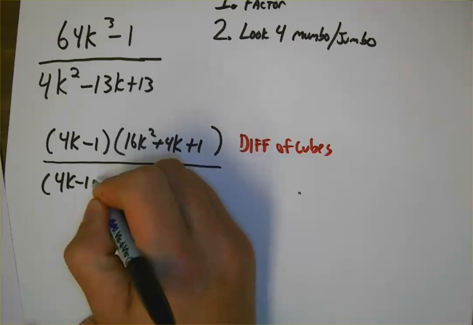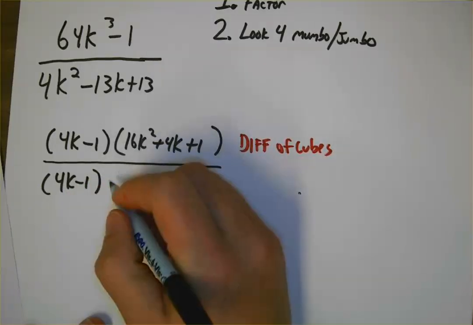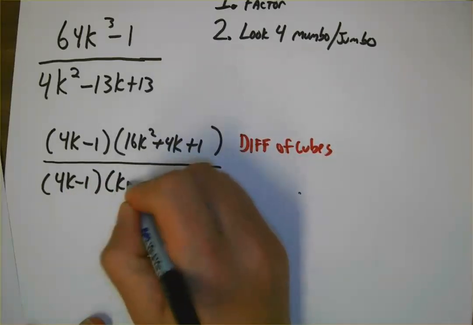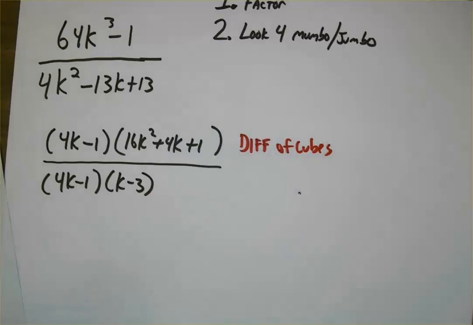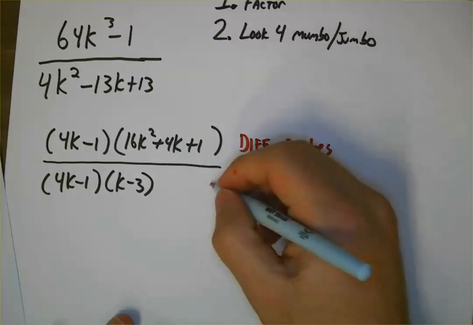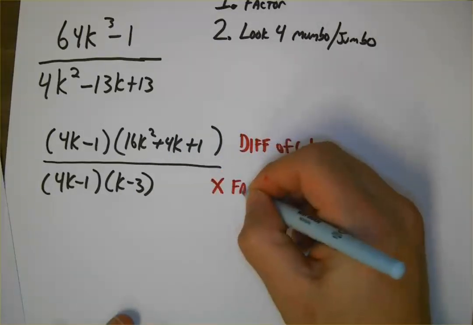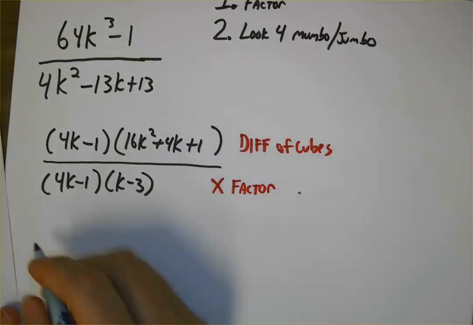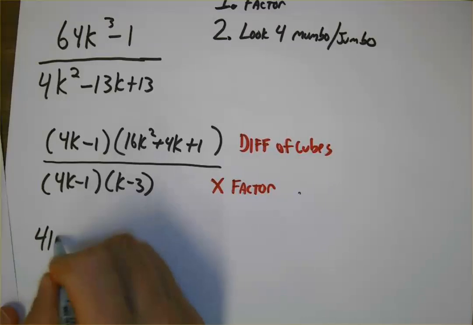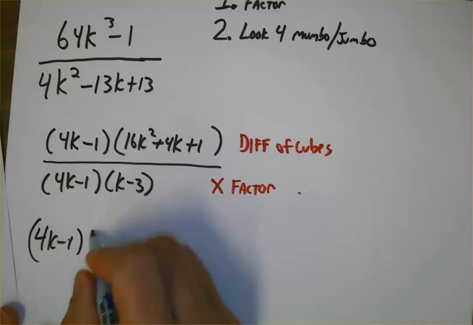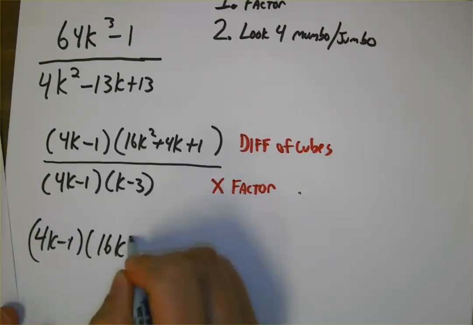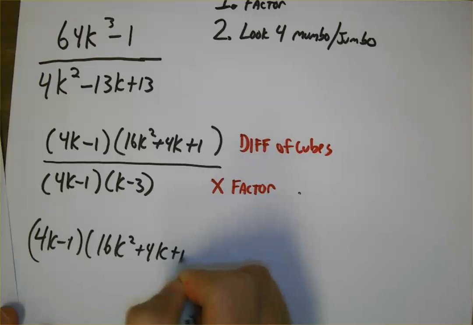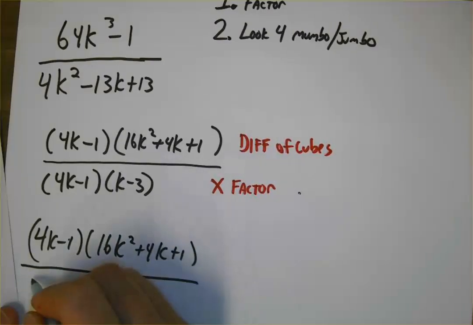The bottom one factors into 4k minus 1 times k minus 3. That came from the x factor. So now you have 4k minus 1 in the numerator, and 16k squared plus 4k plus 1, all over this stuff.